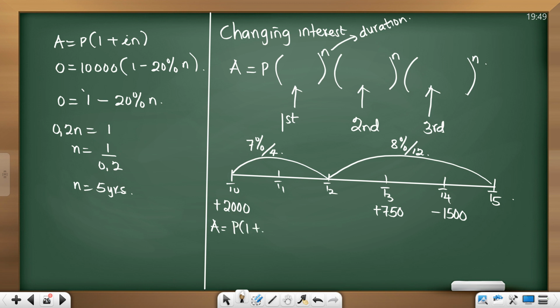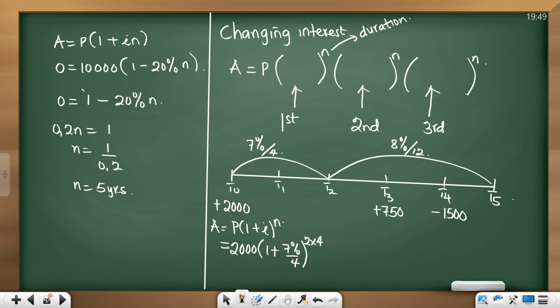P, 1 plus I. Please listen to this part. You would finish the calculation. One plus, what's our interest? 7% over what? 4. For how long was that 7%? Times 4.